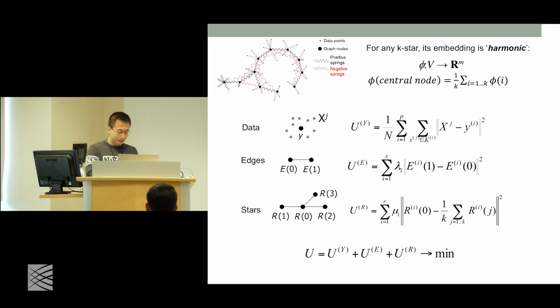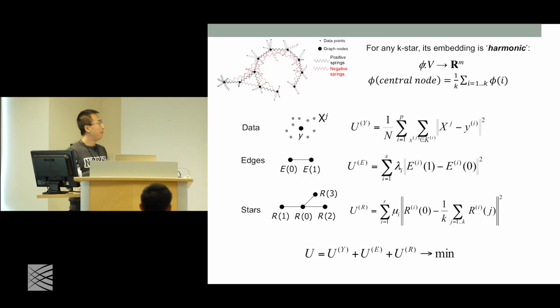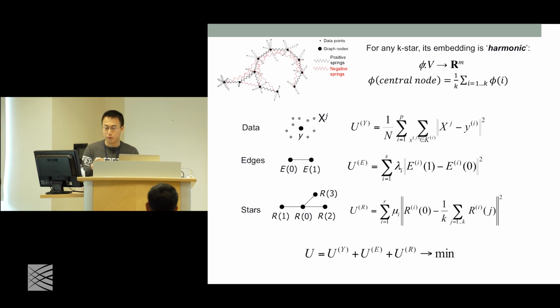Yeah. I think the main idea is that eventually we want to get a principal graph that can minimize the reconstruction error, right? But we don't want to use too many edges, and we want a harmonic embedding of the graph.